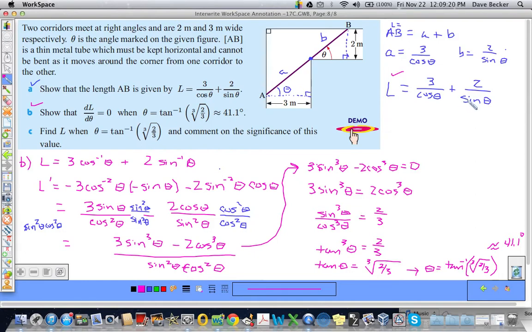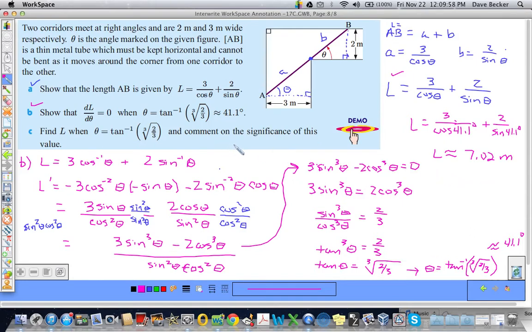So L would be equal to 3 over cos 41.1 degrees plus 2 over sine 41.1 degrees. And you crank that into your calculator and you get L approximately equal to 7.02. And we are in meters, I believe. Yes, we are. So that's 7.02 meters.